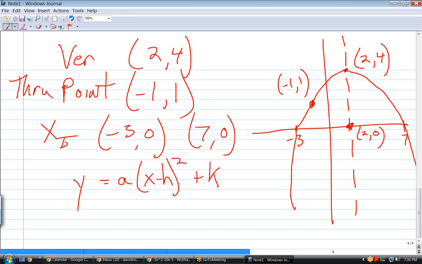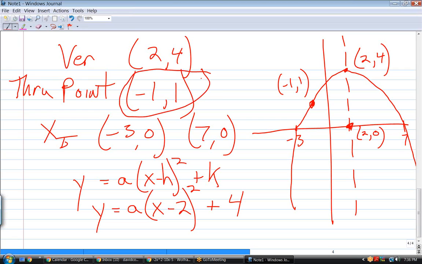Okay? So we know that y equals a times x minus 2, the x-coordinate of the vertex, squared, plus 4, the y-coordinate of the vertex. You with me so far? Yeah. Now, because we know it goes through that point, minus 1 comma 1, that is going to allow me to solve for a, because I'm going to plug in 1 for y, and I'm going to plug in minus 1 for x.